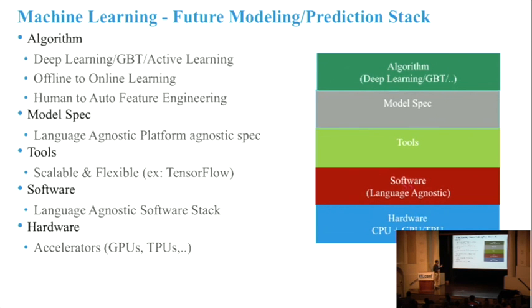We looked at deep learning, gradient boosted trees, and active learning. We are also in the process of moving from pure offline learning to online inference to online learning, but online learning is not trivial. We have some kind of batch learning, which is not true online learning, in our production setup.